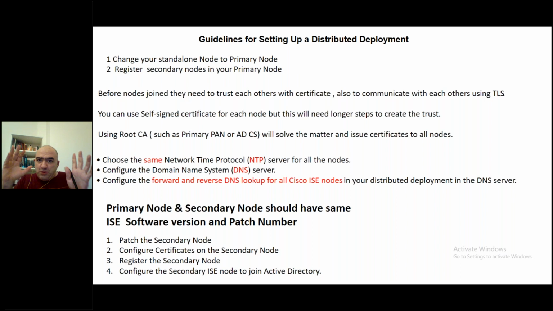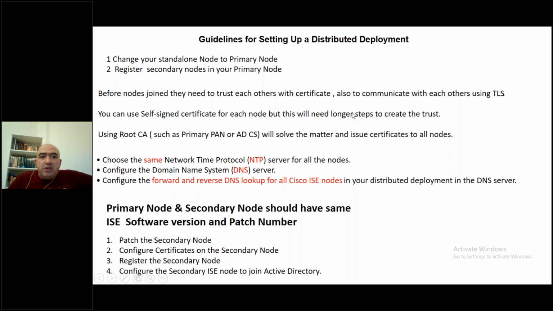I know it will make you say, hey, this concept of primary and secondary is only for PAN and MNT. Yes, but when the primary PAN looks at the other nodes, he looks at all of them as secondary nodes. Whatever they are, secondary PAN, other PSNs, he calls them secondary nodes.